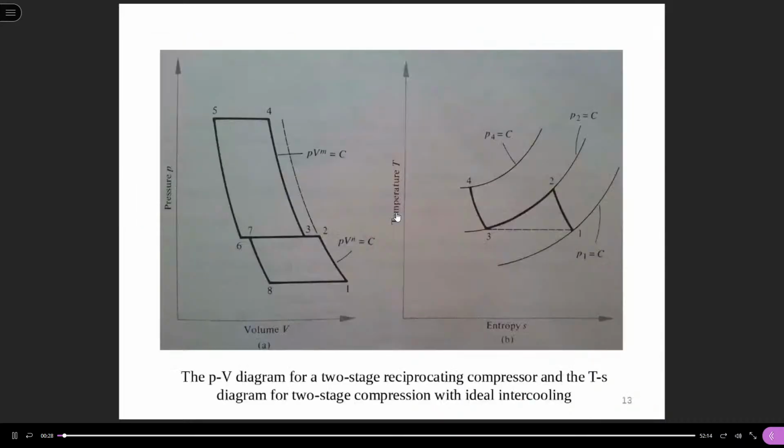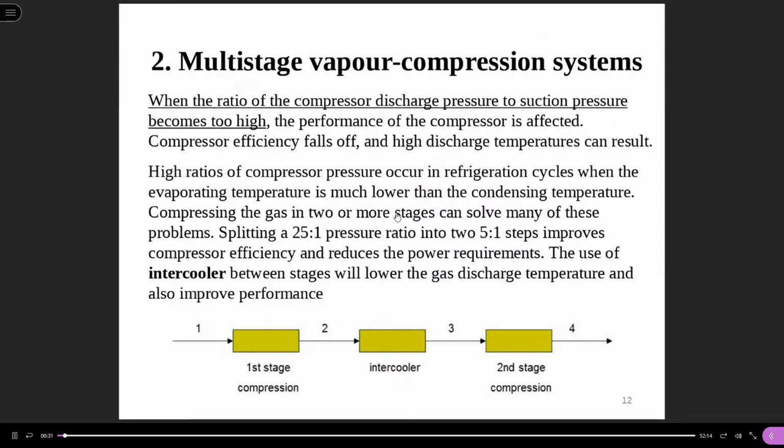Our first example for the multi-stage vapor compression system is the compressors connected in series. If they are connected in series, we can split the high pressure ratio into two stages, or even more stages.